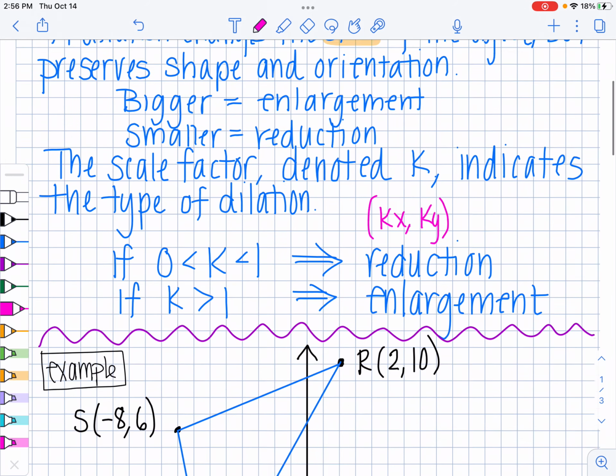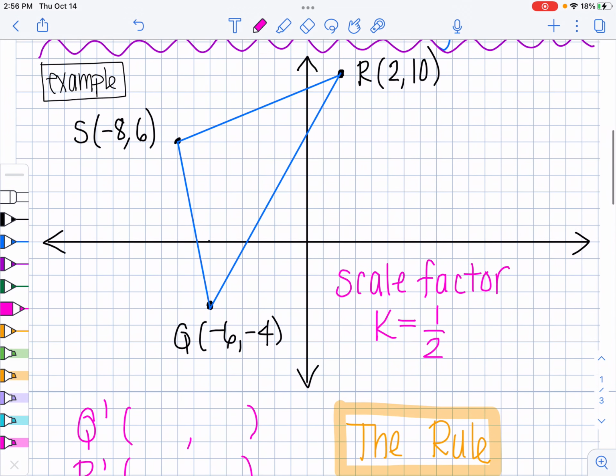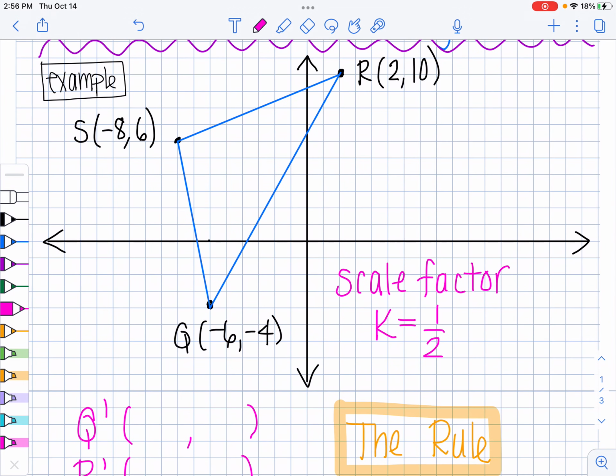I have a couple of examples to go over how this works. For my first one, I drew out this triangle QRS and labeled the points for you. The scale factor here is 1/2. The first thing we want to do is find our new points after the dilation.